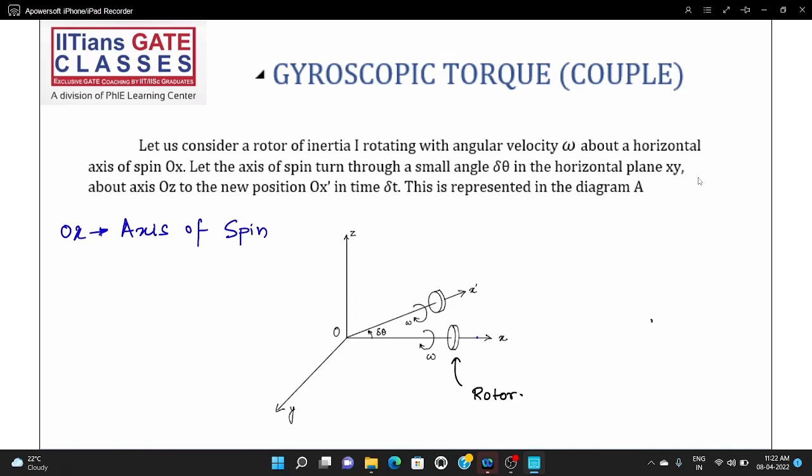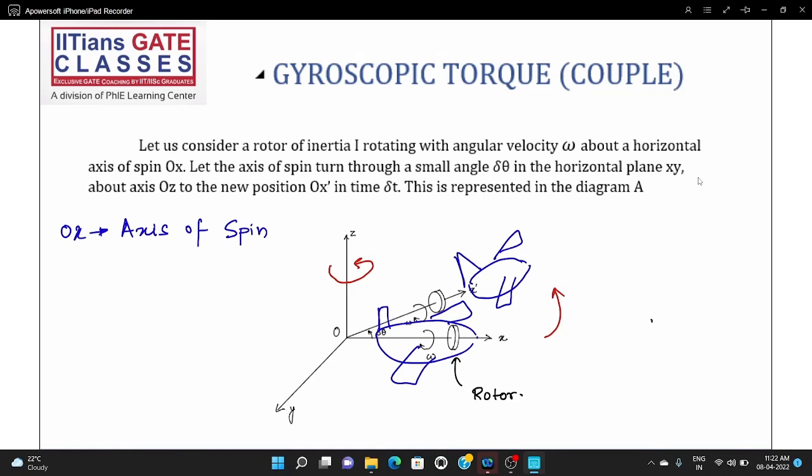Now, the next axis we are talking about is the axis of precession. Let me say this aircraft made a turn. It was in this position initially, then suppose it turned towards the left. If it is turning towards the left, about which axis is this turning going on? It is about OZ.